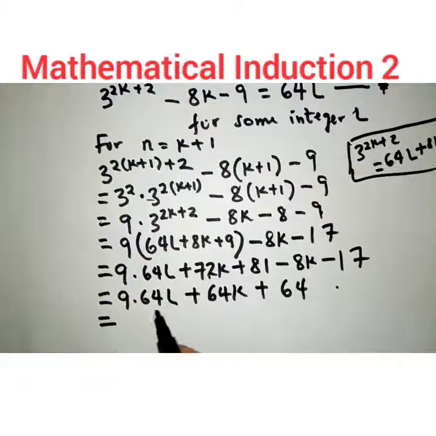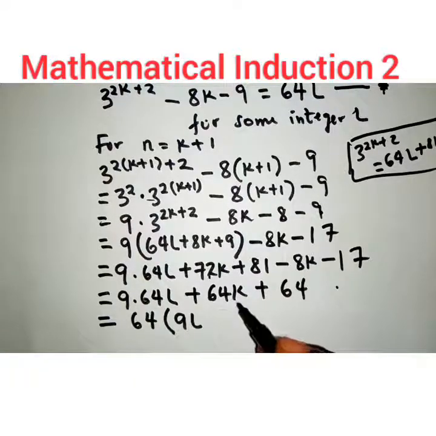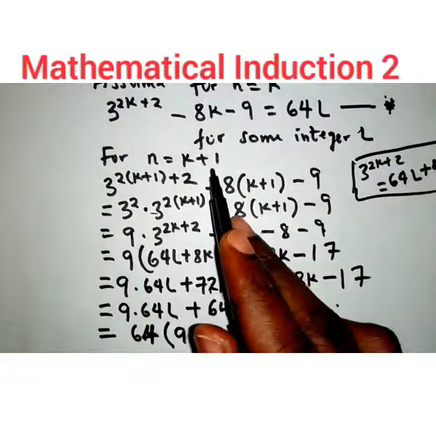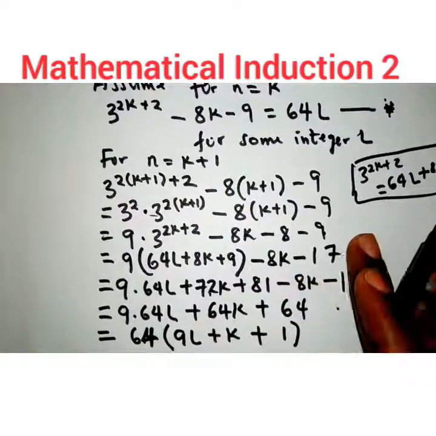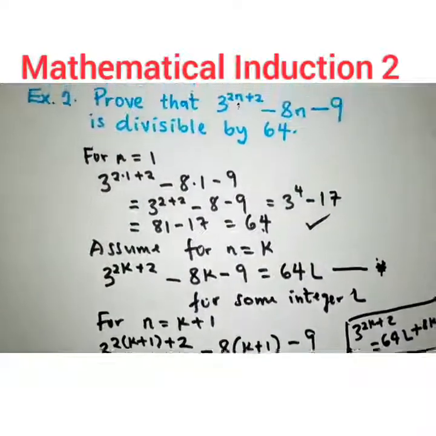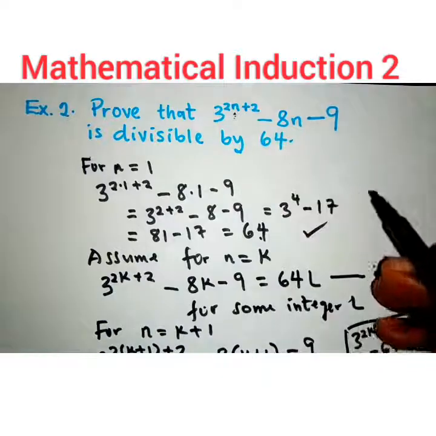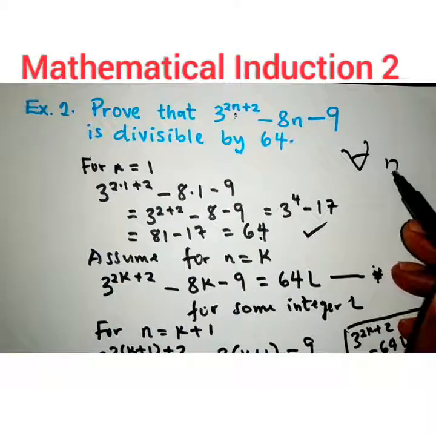We can factor out 64. We have 64 times 9L plus k plus 1. So this is divisible by 64, and so it is true for n equals k plus 1. And so by the principle of mathematical induction, this statement is divisible by 64 for all natural numbers n.